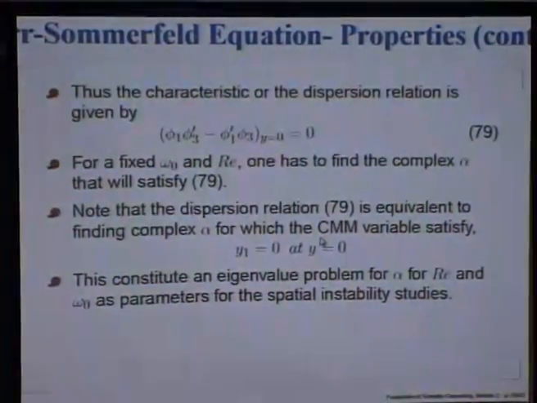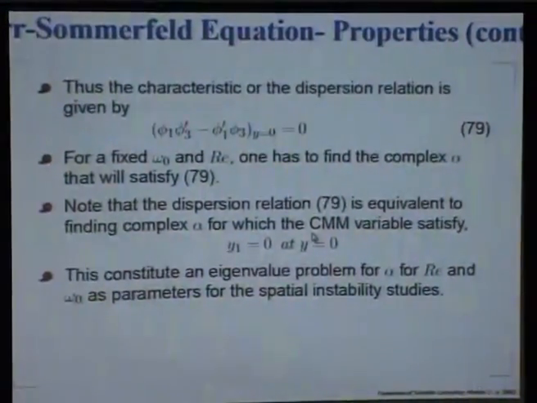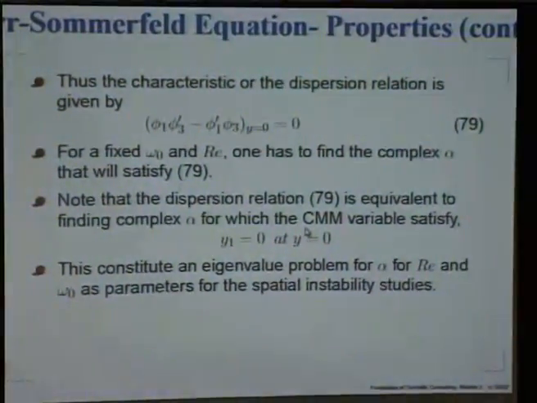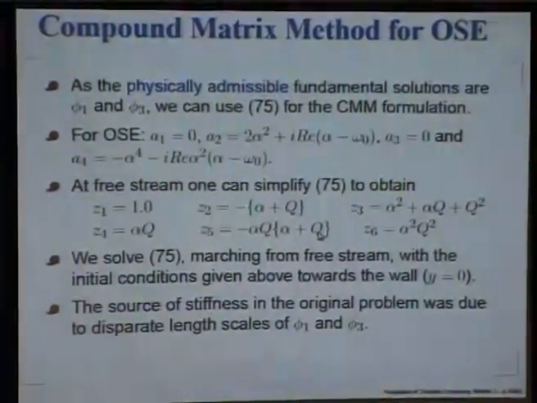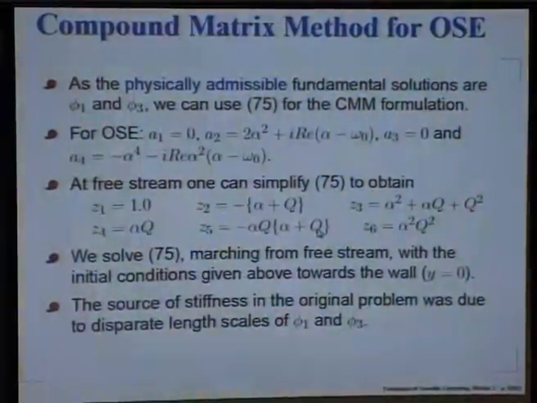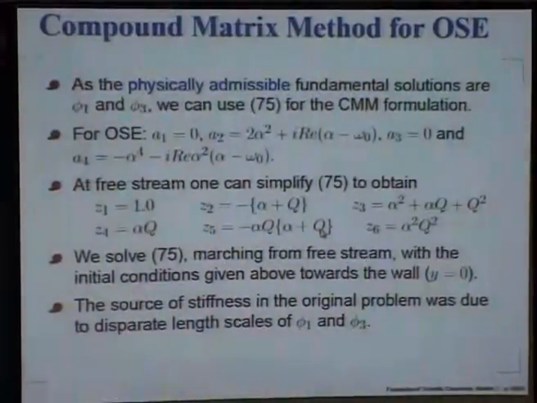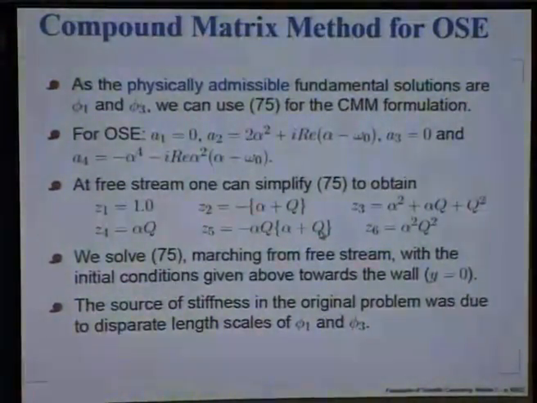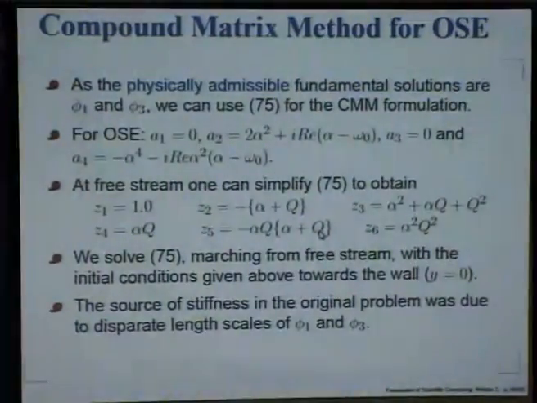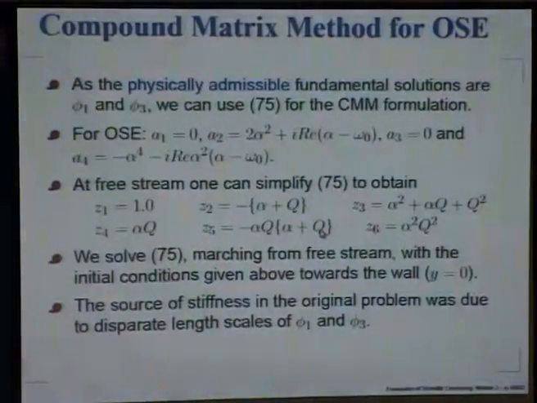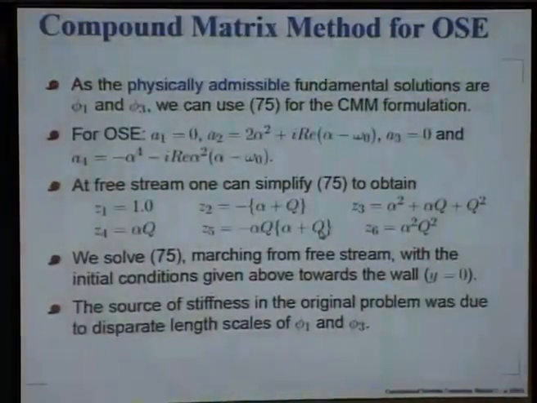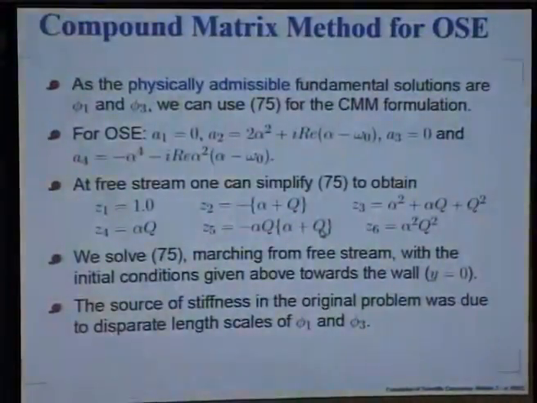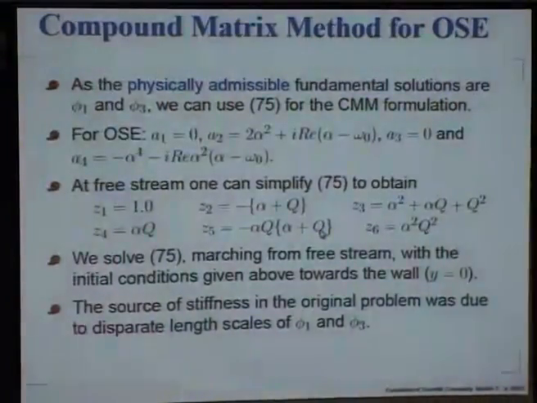So, this basically is a statement of an eigenvalue problem, and we can study it. So, if we now look at what we have here, we can plug in these particular values, a 1 equal to 0, a 2 will be this, a 3 is 0 and a 4 is this, and what we need to do is develop a methodology of solving this problem.